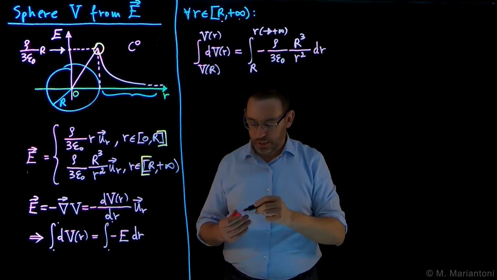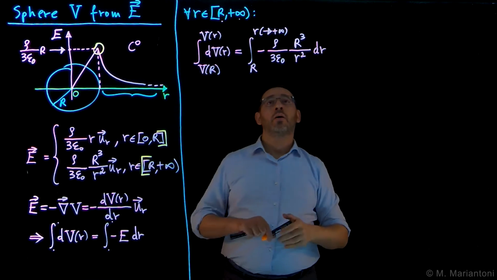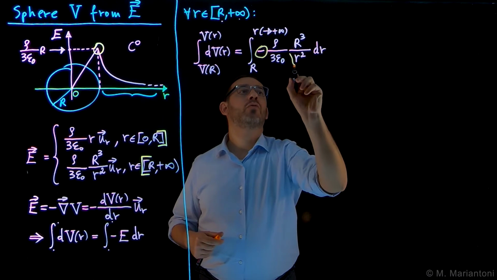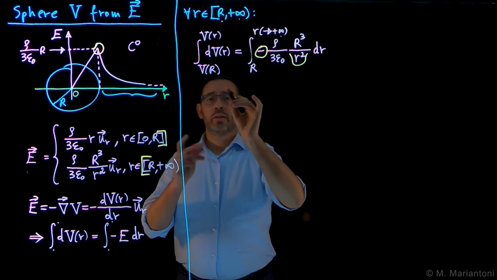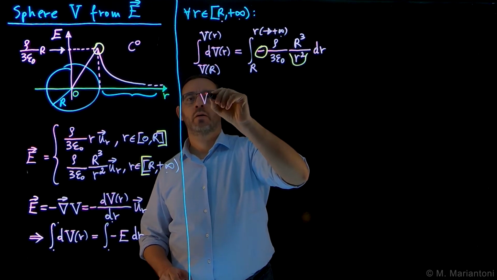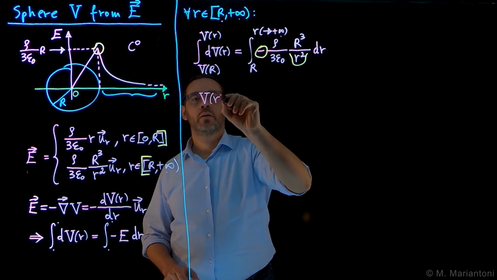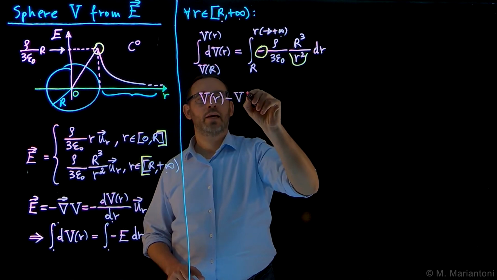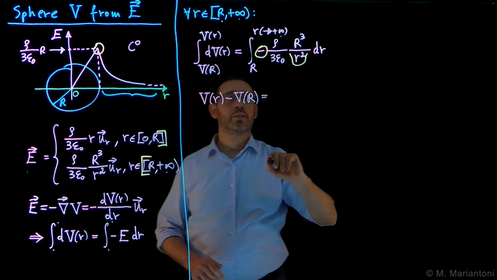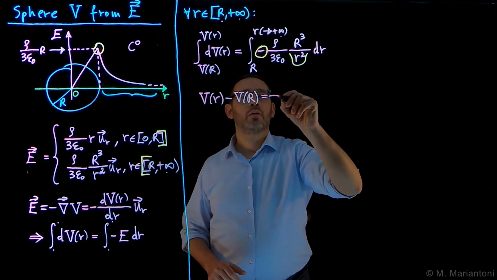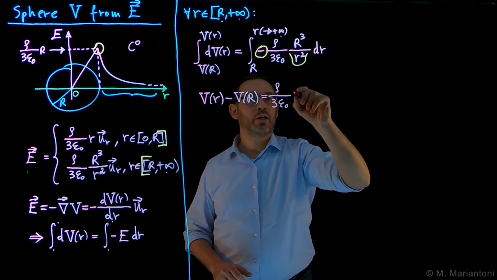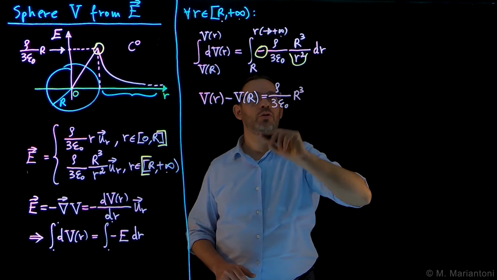Okay, let's remember the minus sign. In particular, if we consider the minus sign together with the 1 over r squared function here, this integral simply gives us, on the left-hand side, V at small r minus V at capital R, which is our additive generic constant. This has to be equal to rho over 3 epsilon naught times R cubed, which we should not forget.